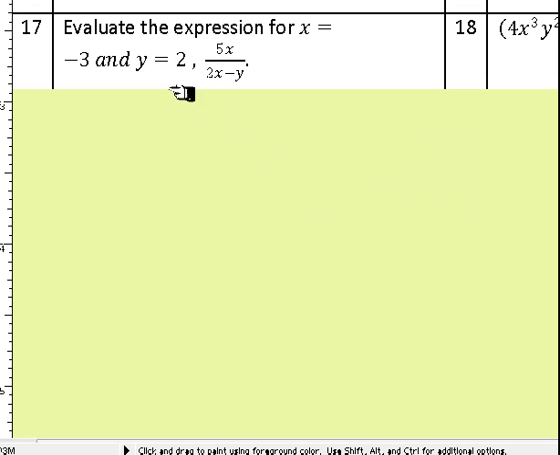In number 17, we're evaluating this expression at the values x equal minus 3 and y equal 2. So that basically means just substitute in. All right, so let's rewrite our expression using parentheses instead of variables.